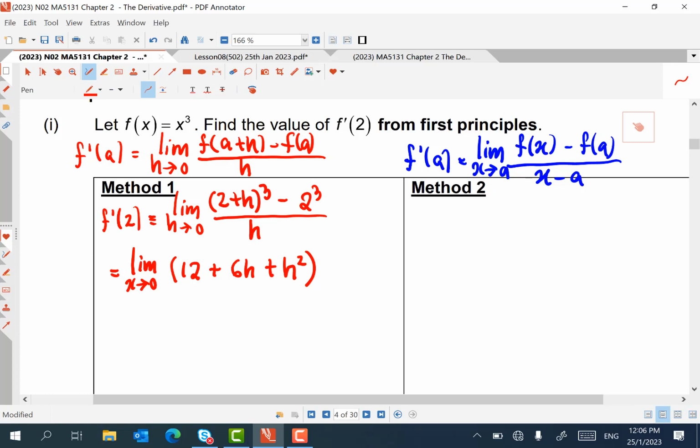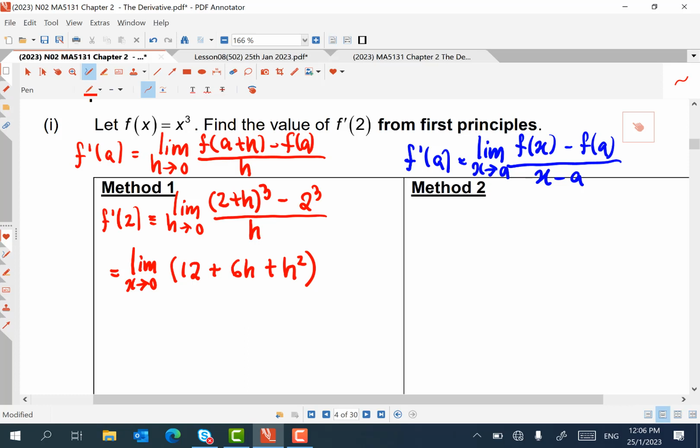Check my calculation, I might be wrong. After expanding and tidying up, I expanded the (2 plus h) power 3. You have to expand the numerator, no?